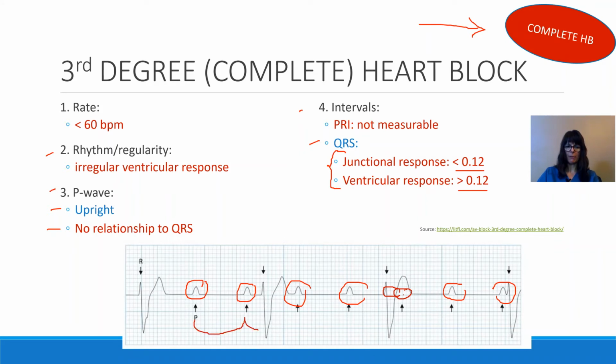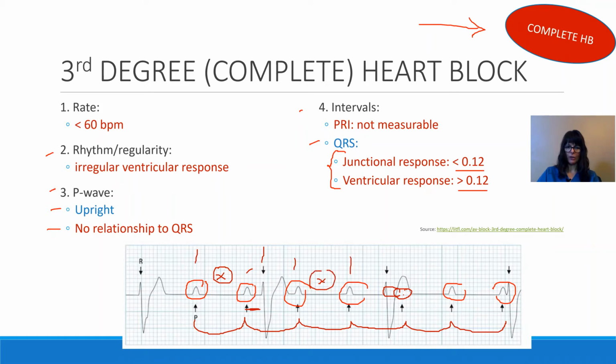We could march out these P waves and see that this is a pretty regular pattern. But again, there is no relationship to the QRS, because this wave has no QRS. This P wave has a QRS, but we don't really know what the relationship is. This next P wave is missing a QRS.